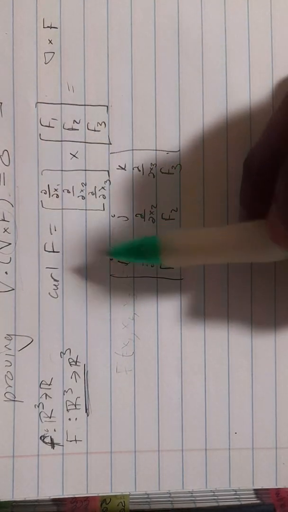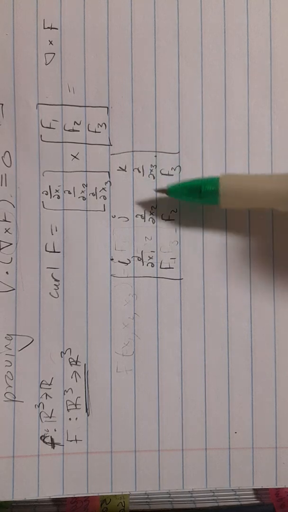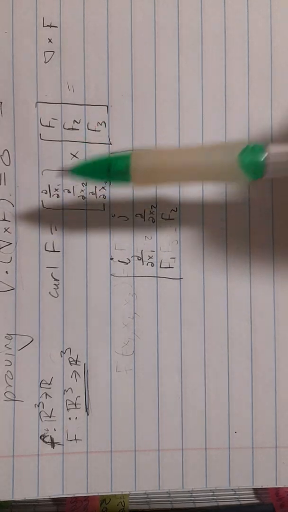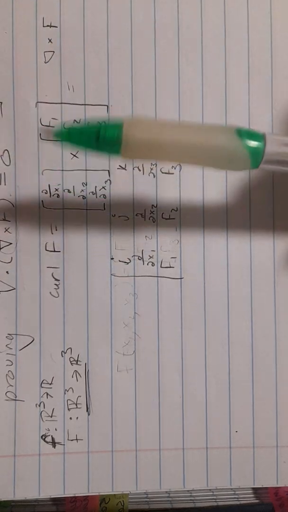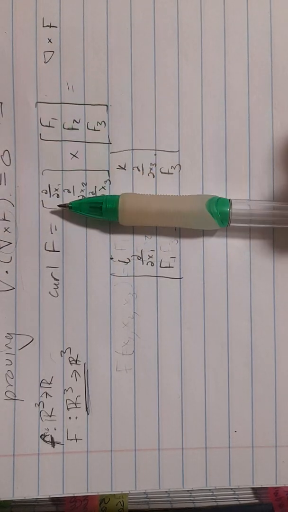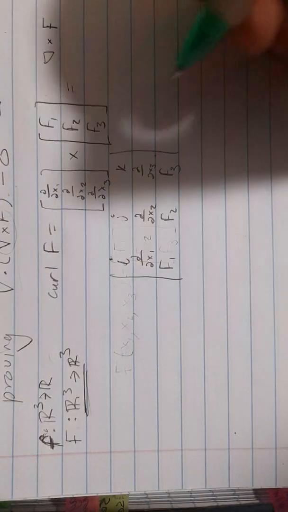Now how this is evaluated is you would find, I think it's called, the minor of this part by cancelling out its row and its column. For j you would do the same, cancelling out its column and then its row, and so on.